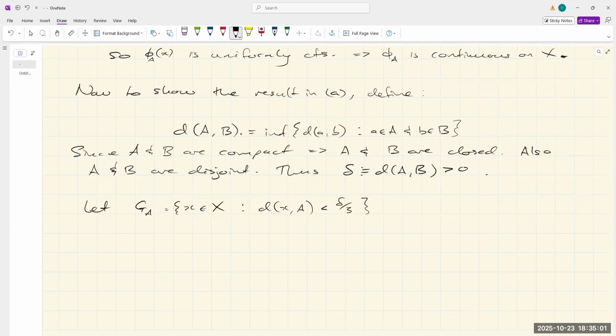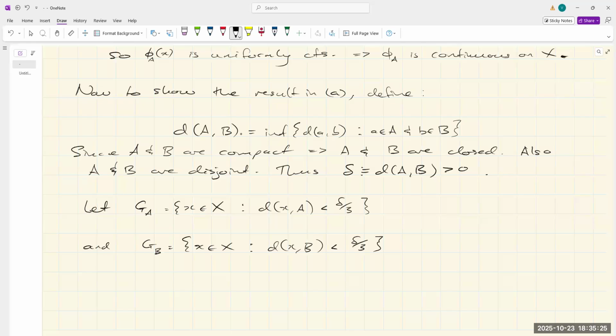And GB in a similar way: all the points in the big set such that the distance between those points and B is strictly less than delta over 3. So I define these two sets, GA and GB.